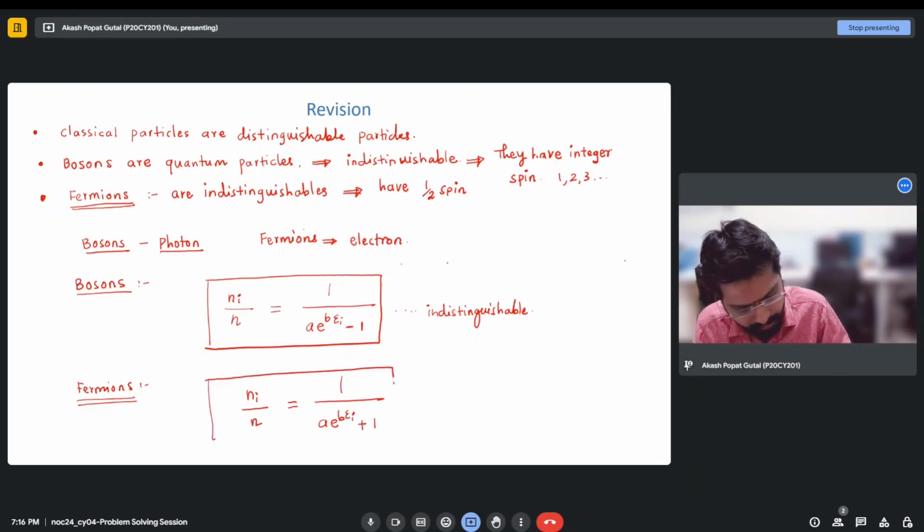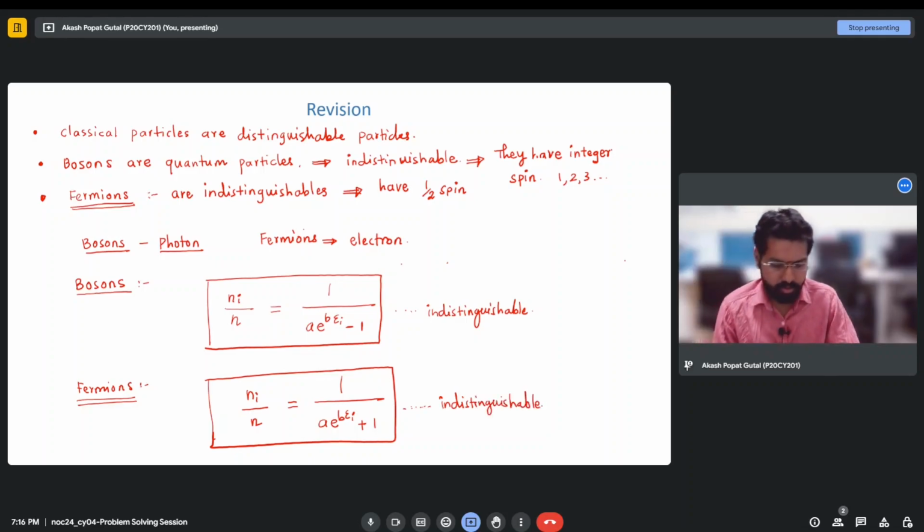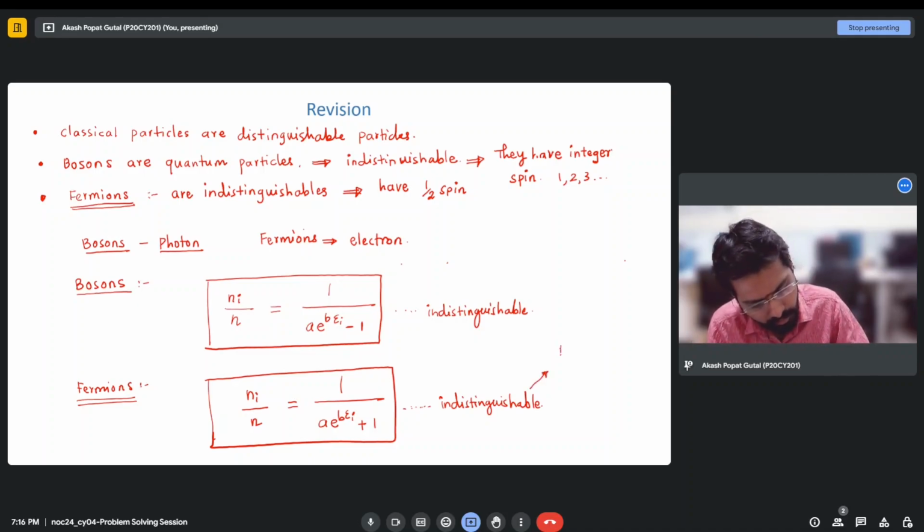Right? And these are also indistinguishable. But the speciality of fermions is they follow Pauli's principle.